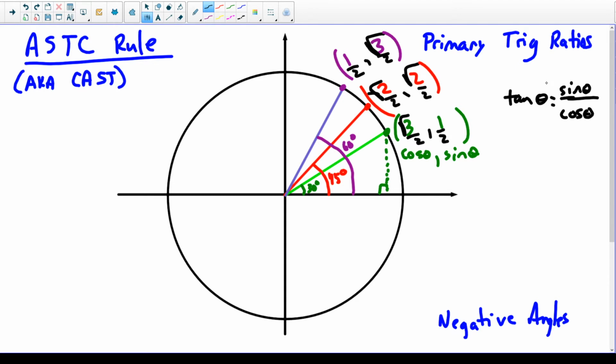I'll leave the proof for another day because that's one of the trig identities. But if you take all the sine values and divide them by all the cosine values, it will give you the tangent value of the angle. So with this magic circle, these three angles give you the cosine and sine quite easily in fraction form.